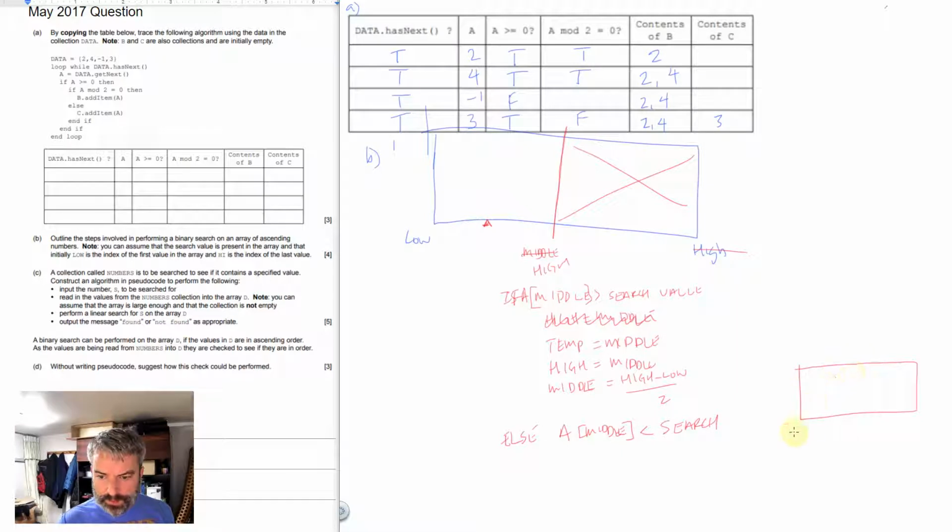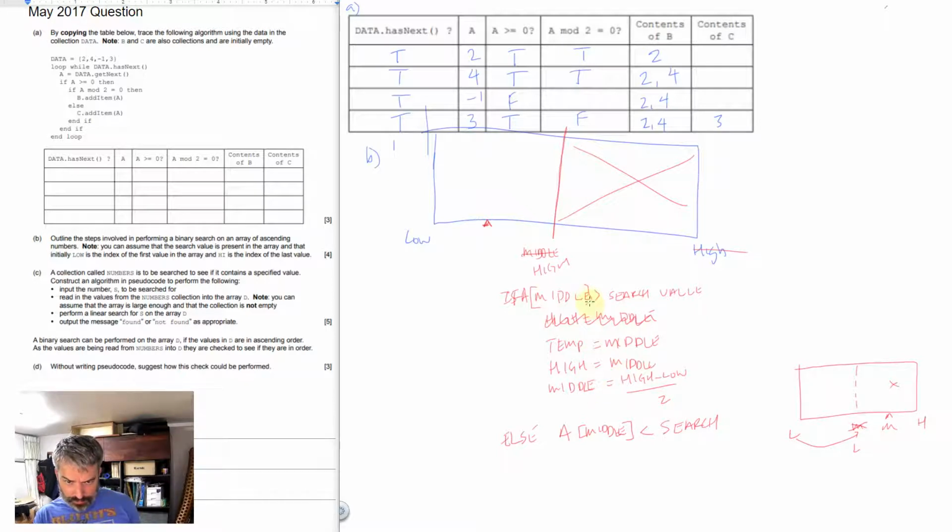If this is low, this is high, and this is middle, and our value is bigger than the middle, so it's somewhere over here, then we need to cross out middle, move low here, and then put middle somewhere in the center here. You can see it's going to be very similar to this, just a little bit different.